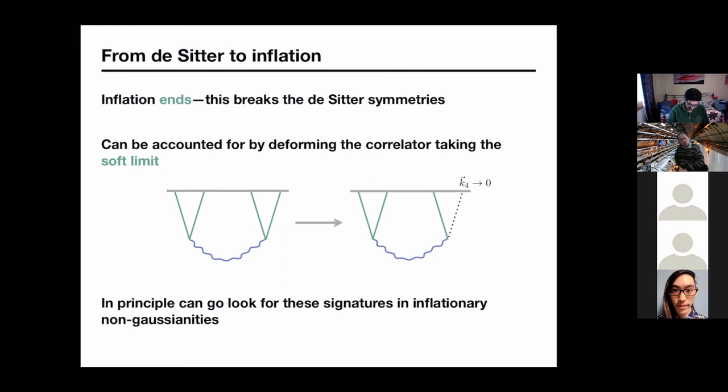Yeah, these are both good questions. To be honest, I don't know if all possible non-Bunch-Davies vacua have folded singularities. I could believe that some of them don't, but it is in some sense generic.